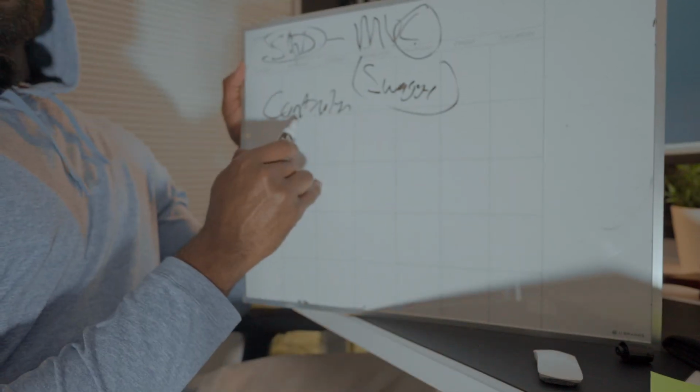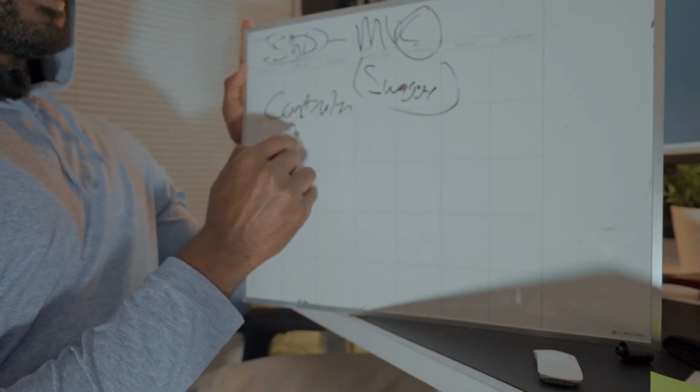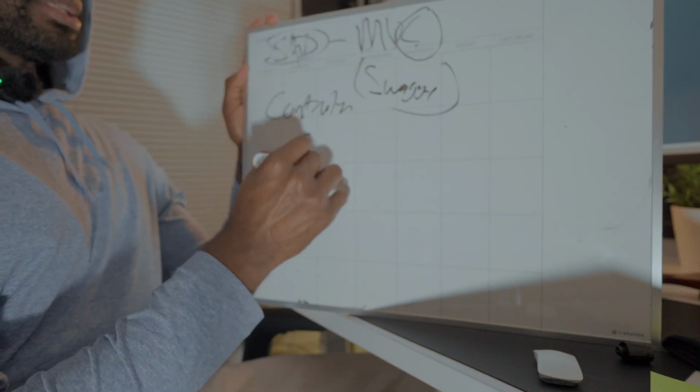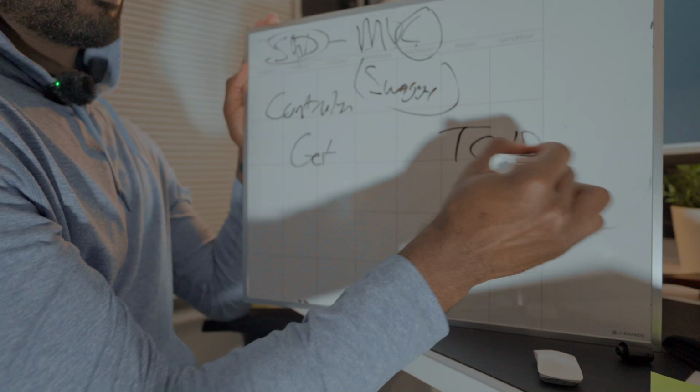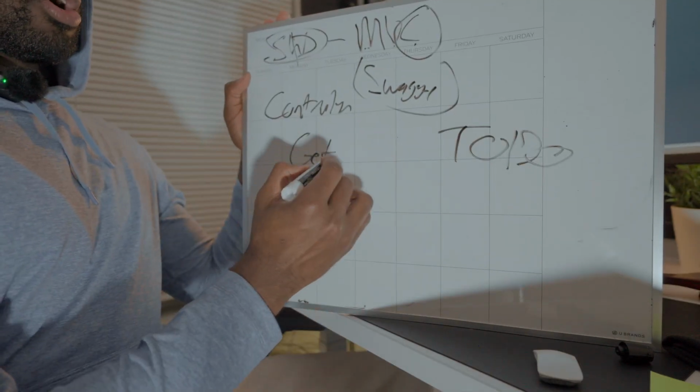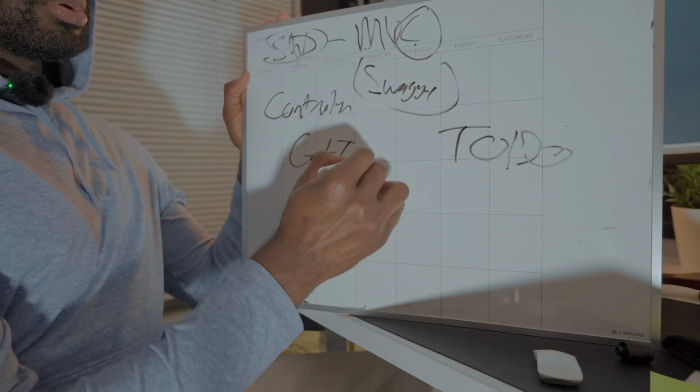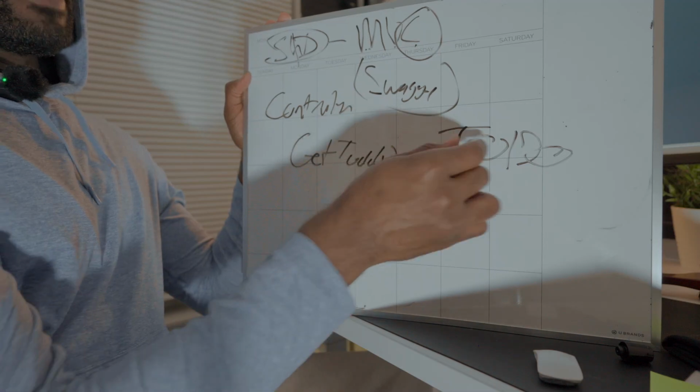On top of each one of your controllers, for instance, you might have a controller called get to-do. Let's say we're building a to-do app, right? You have a controller called get to-do, where you take the ID of that to-do item.